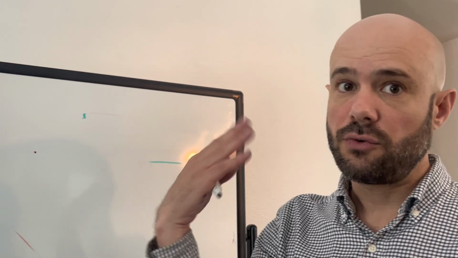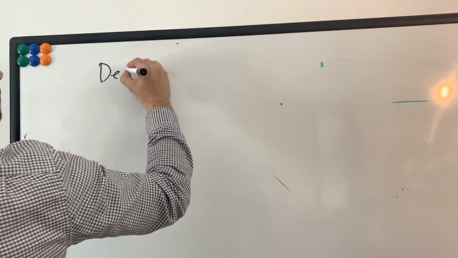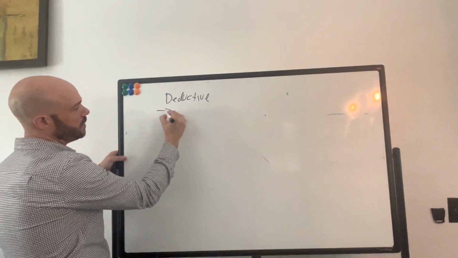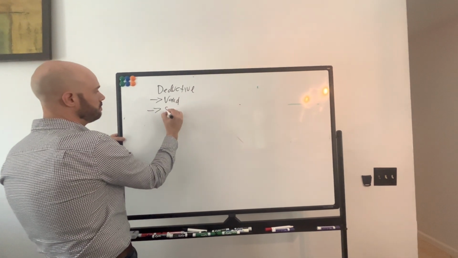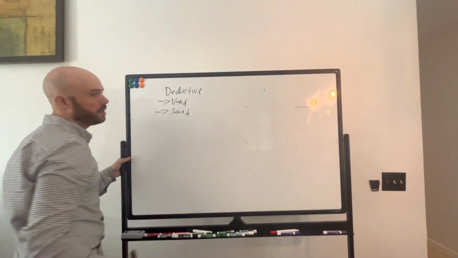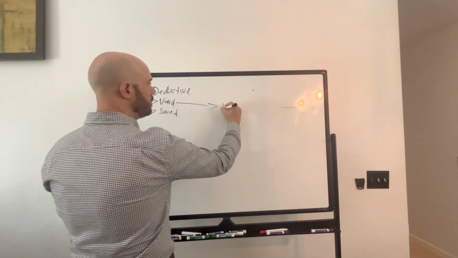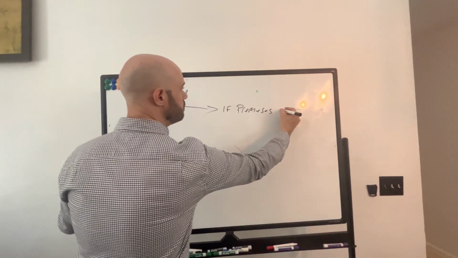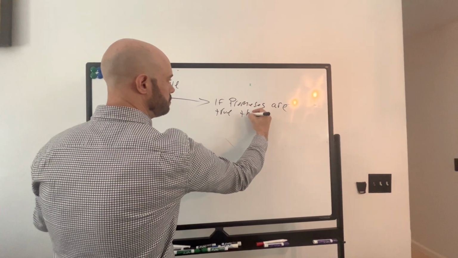So as you know from our last video, or if you don't know from our last video, deductive arguments can have two attributes, valid or sound. A deductive argument is valid when, if the premises are true, the conclusion must be true.